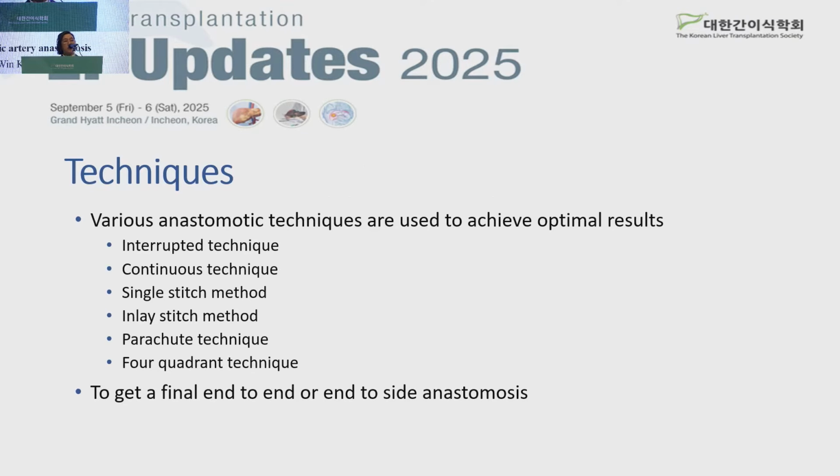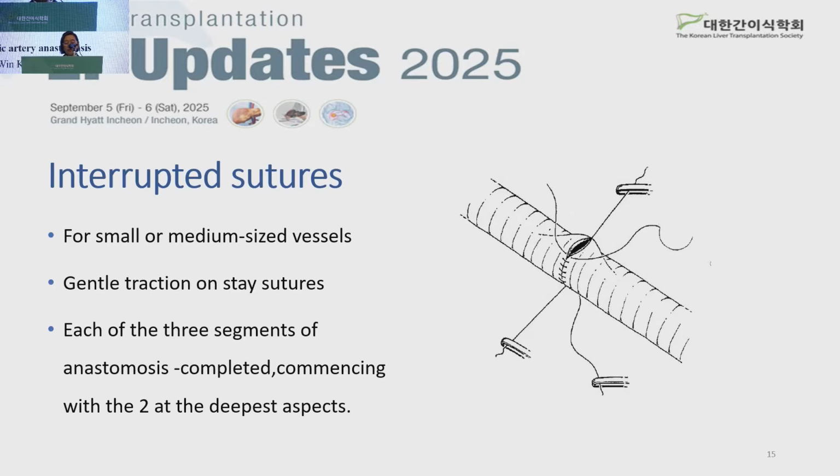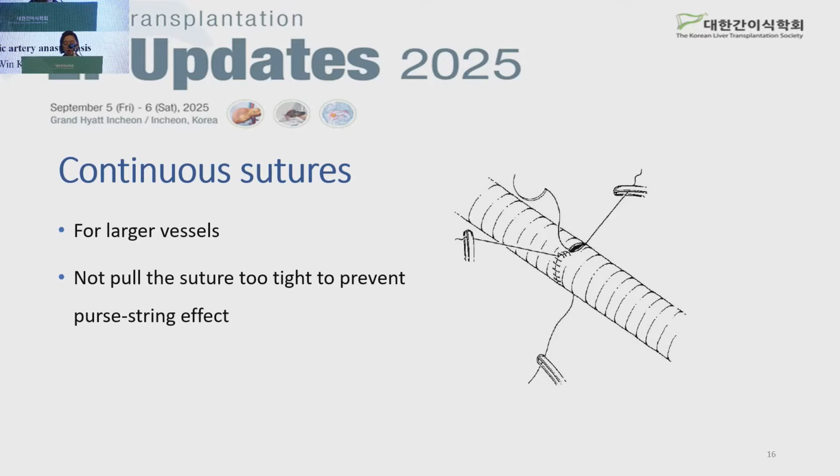According to technique, we have various techniques: interrupted or continuous, single stage, inlay, parachute technique, full circumferential technique, end-to-end, end-to-side, side-to-side. In my technique, I combine the parachute technique plus spatulation technique. This is interrupted sutures. This is a continuous suture.